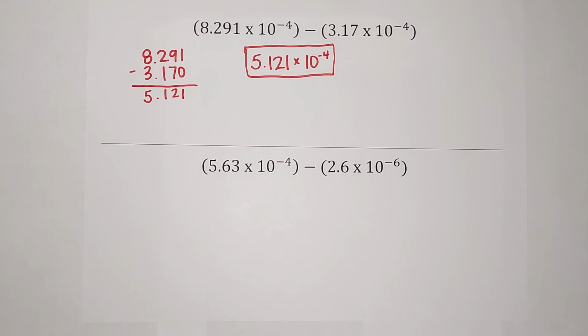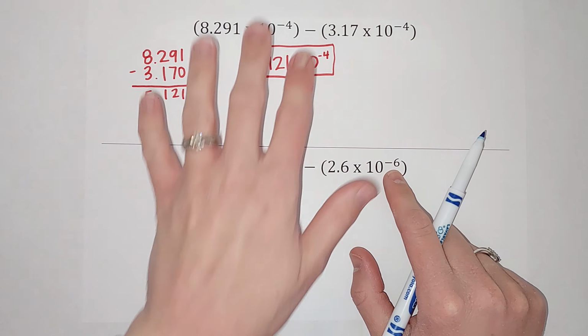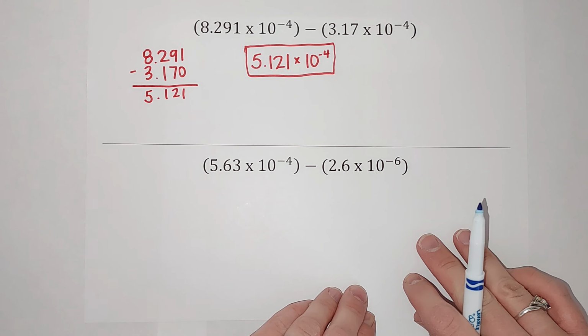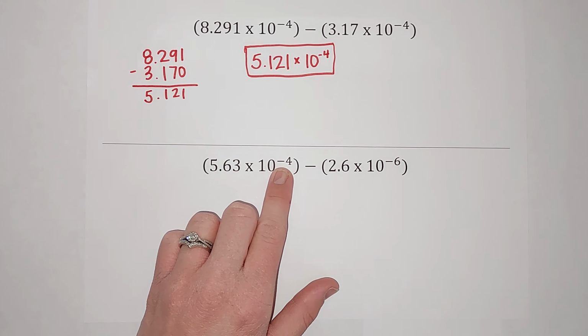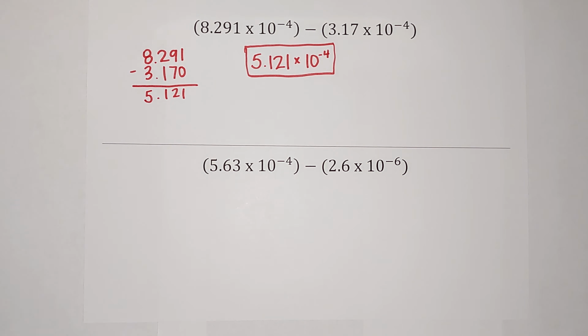So when the exponents are the same, it's pretty easy, right? When they're different, it's not too bad. We just have to make a slight adjustment before we subtract these, okay? I need them to be the same, just like they were up here. So I can either get them both to be 10 to the negative fourth or both 10 to the negative sixth. It's kind of personal preference, which one you want to do.